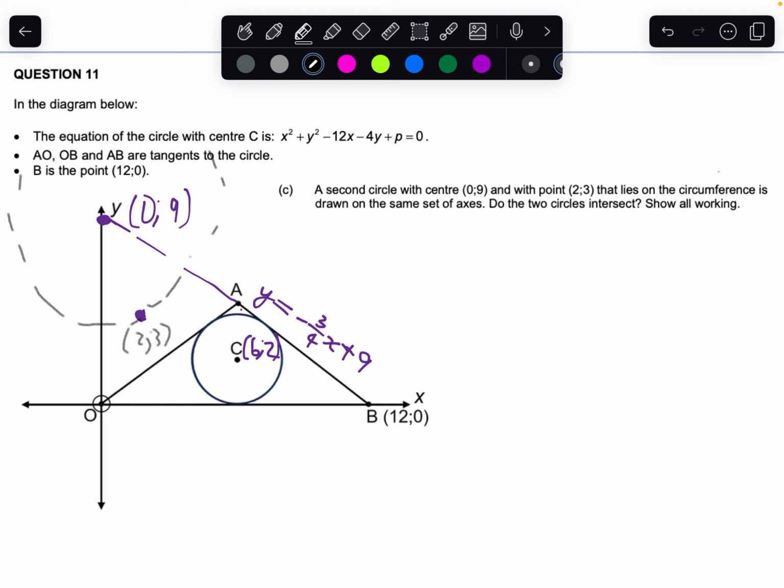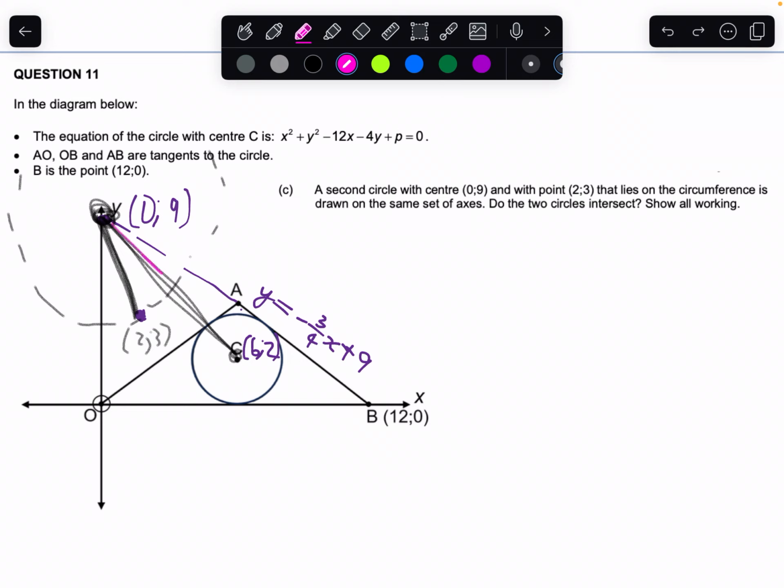Okay, so this is a straightforward one, right? We want to find the length of the radius, okay, which we can find by calculating that distance. Then the next thing we do is we find the distance between this center and this center, right? And if we find that that distance is greater than this radius plus a radius from this circle, added together, then we know that they don't intersect, right?